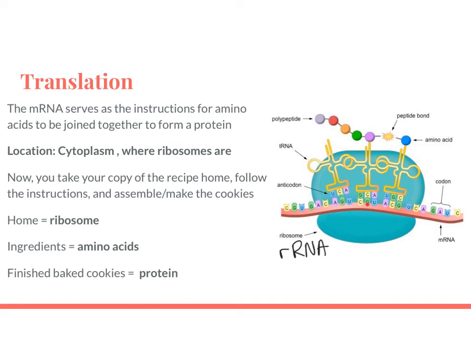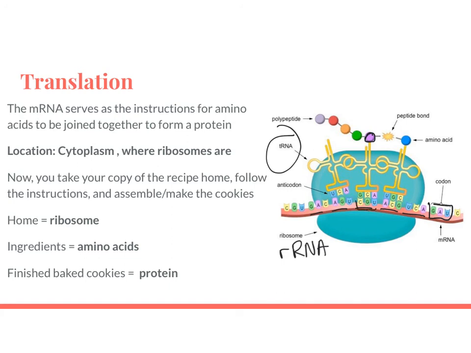So what happens is the mRNA is going to come into the ribosome, and it's going to be read 3 codons at a time. Then we're going to read the next 3, and the next 3, and so on and so forth. And what happens is these little tRNAs are going to come in, and they each have one little amino acid associated with them.